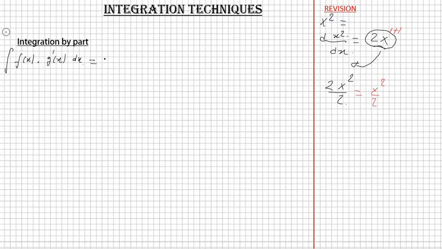There is a formula that you are going to use when it comes to integrating by parts. That gives f of x multiplied by g of x, minus the integration of g of x multiplied by the derivative of f of x.